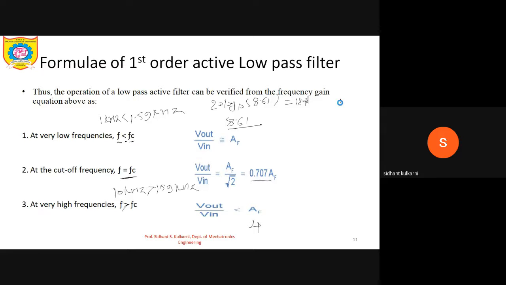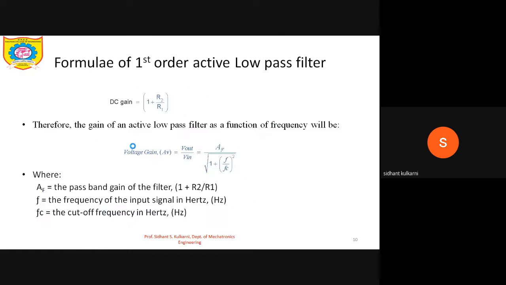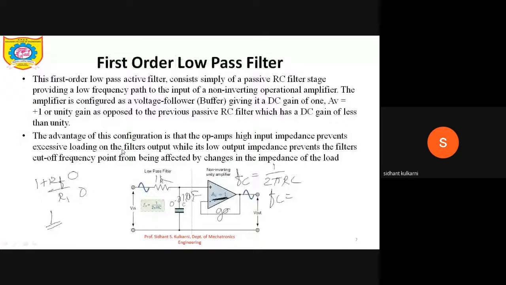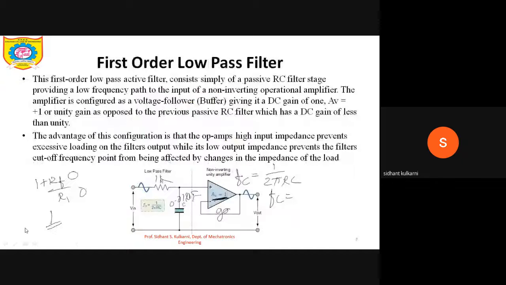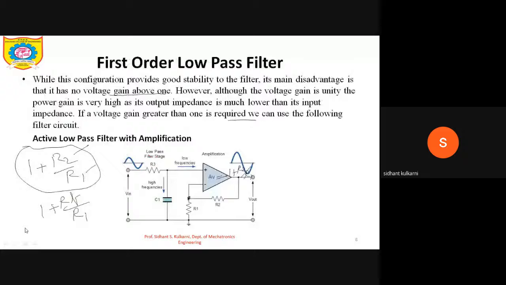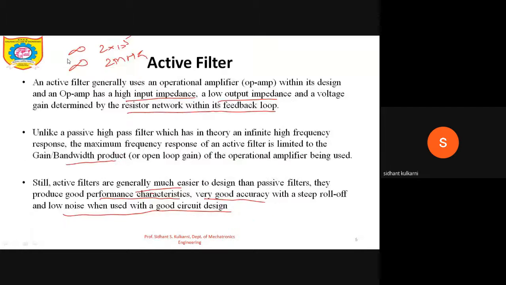Okay, we'll solve one more numerical and the concept will be more clear. Let's assume the same circuit, I will draw it. Now I will use a black color pen. See, one resistance is there of 500 ohms.